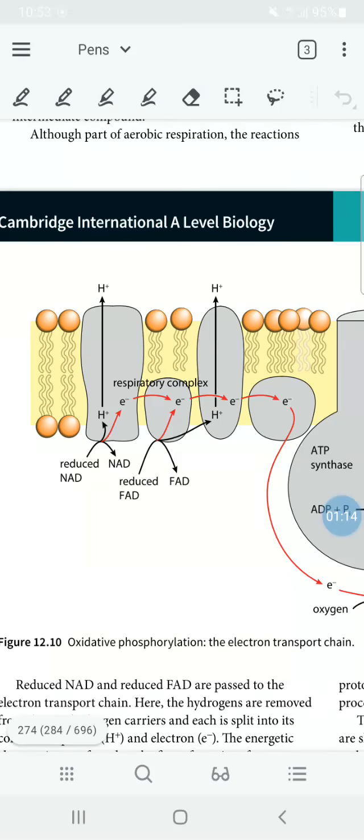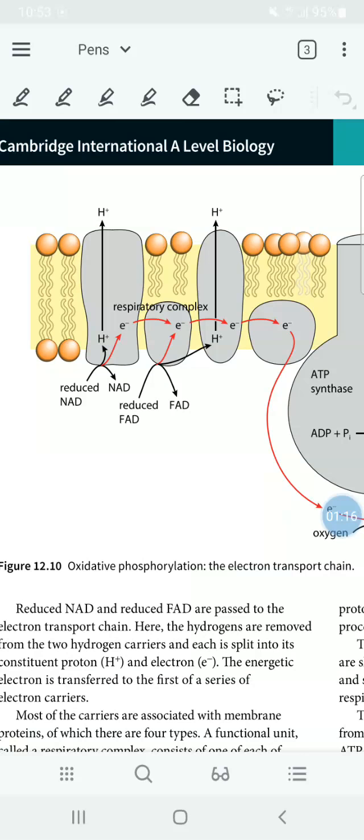So now let's look at this diagram. You might not understand the events that take place here, but after we have discussed everything, you would be able to get a clear idea as to what happens here. So you have this reduction of NAD.